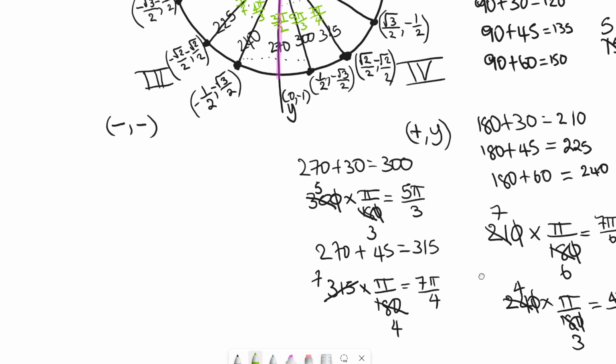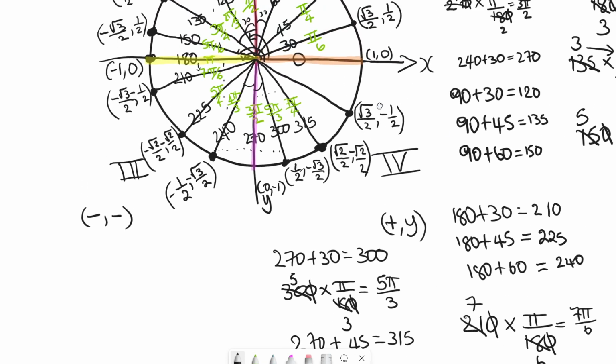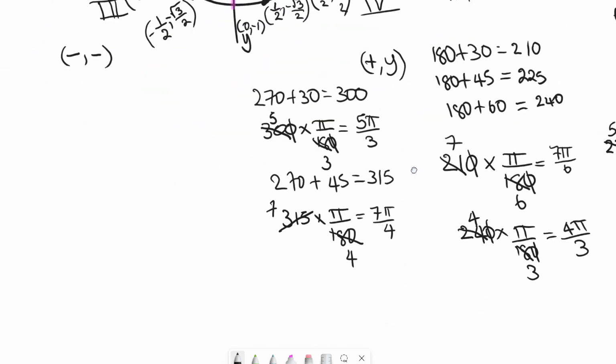And then the last angle, if we recall, that's going to be 60 degrees away from 270, right? It's going to be corresponding to that 210. And so since 210 is 60 degrees away from 270, that means our last angle is going to be 270 plus 60, and that's going to give us 330.